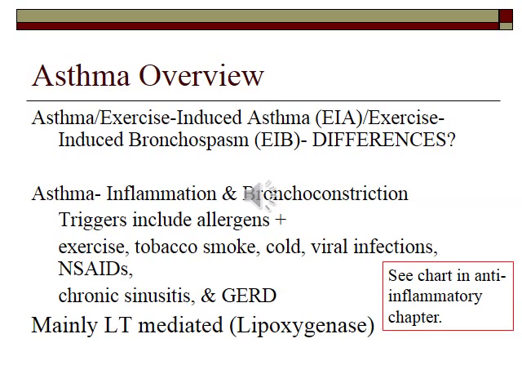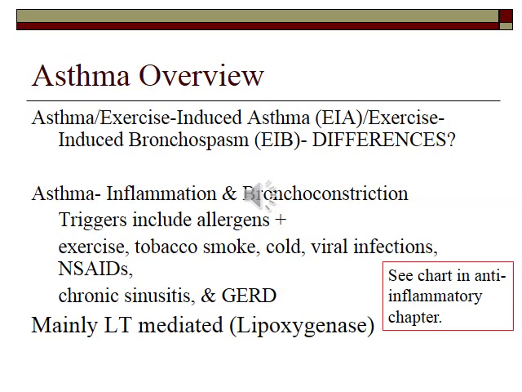Now, looking at asthma, let me give an overview of the pathology. First of all, you're looking at potentially three different things. You could have asthma, you could have exercise-induced asthma, or you could have exercise-induced bronchospasm. The differences between them are this. Asthma involves both bronchoconstriction and inflammation.